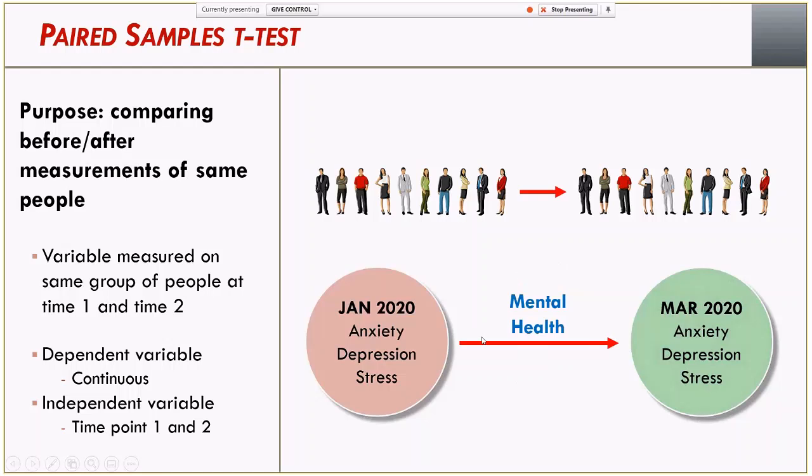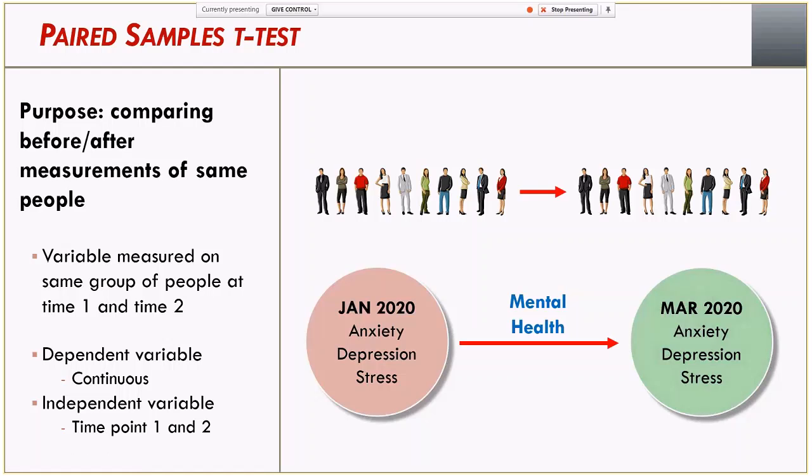You can determine the impact of the mental health intervention on pre and post anxiety, depression, and stress scores. So you can see whether these scores decrease over time, increase over time, or stay the same. So that is what a paired samples t-test will tell you.